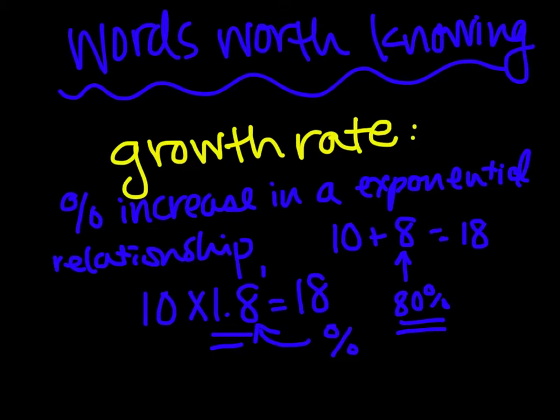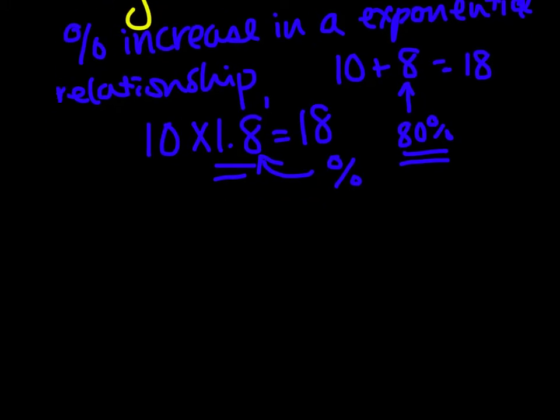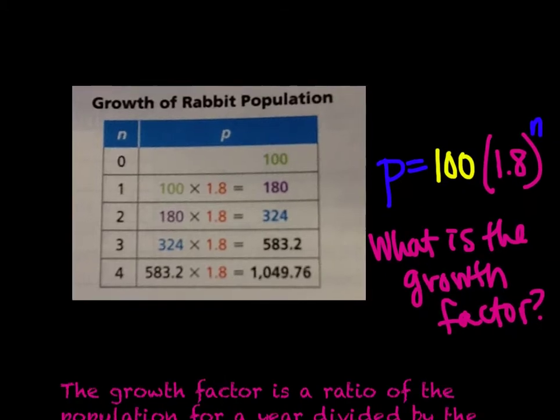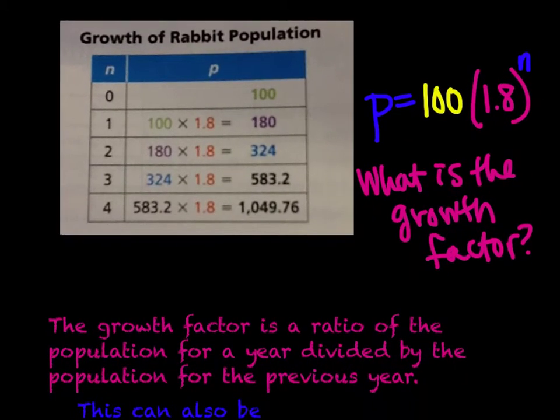So let's take this into consideration. Here we go. The bunnies. We got some rabbits happening. So in the last investigation, you looked at this exact table, and the book created it for you. It was looking at this whole concept of growth factor, and now we're going to look at it as a growth rate.